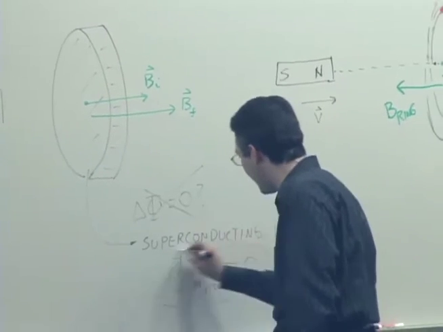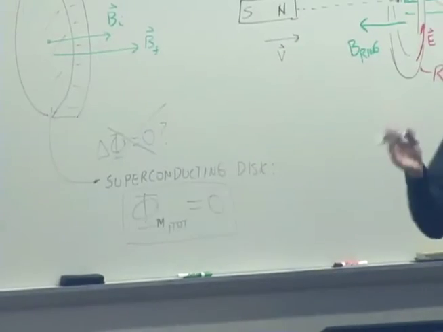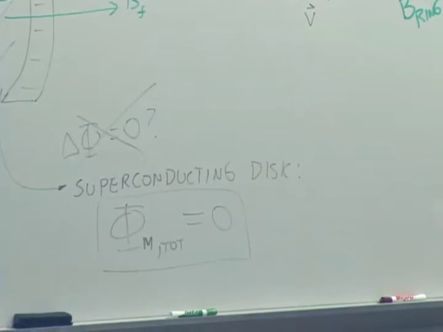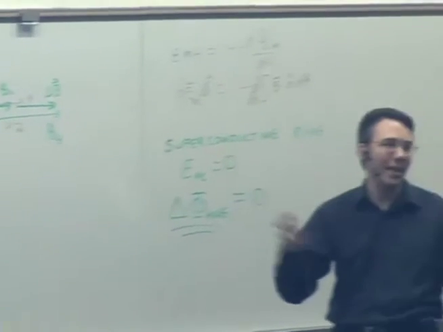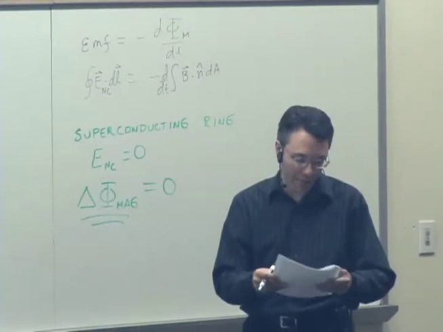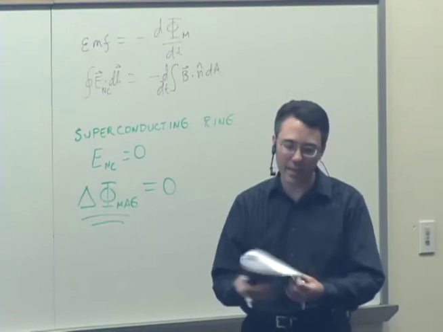Not just the change, but you just can't have any magnetic flux in there at all. We say that the superconductor essentially expels any magnetic fields or any magnetic fluxes from its interior.